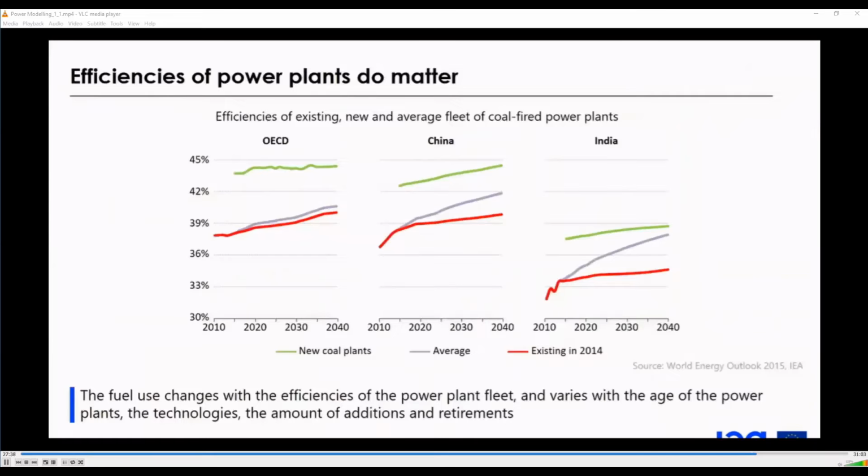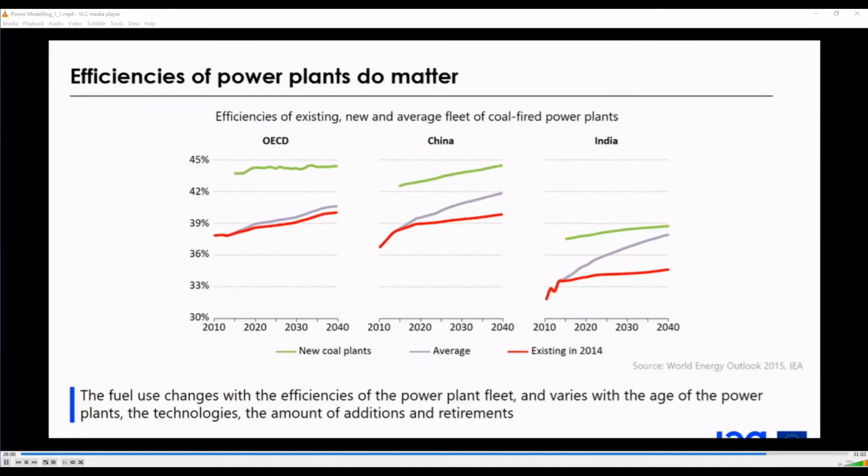So once we have electricity generated from the dispatch module, one key element to consider is the efficiency of these plants. This is really key to determine the overall efficiency of the park and therefore the fuel use by type.